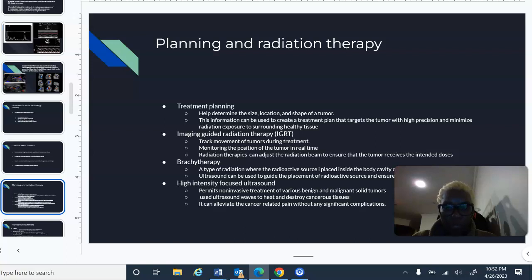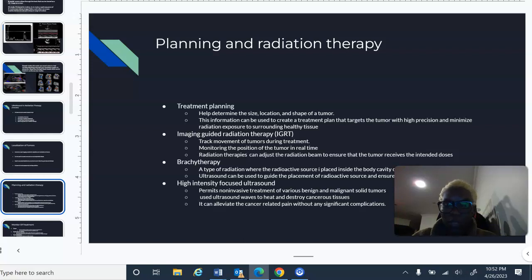Also with brachytherapy, which is a type of radiation where the radioactive source is placed inside the body's cavity close to the tumor, such as the implantation of seeds in the prostate.